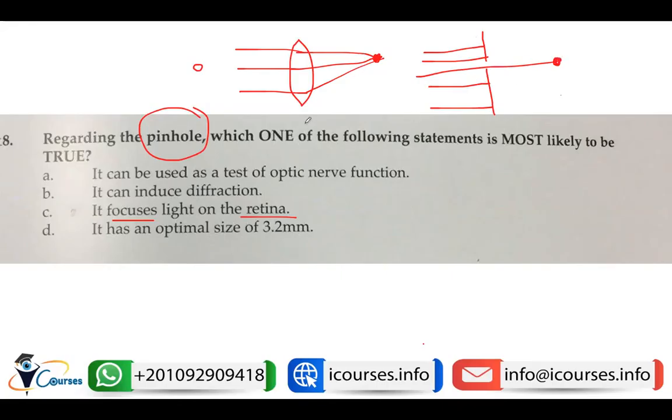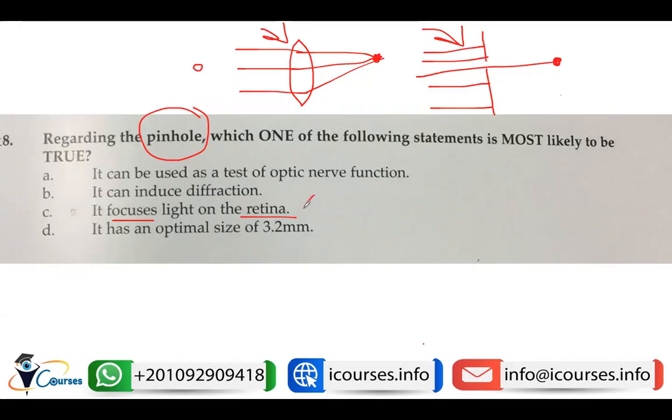Although in both conditions the light is falling on the retina, the pathway of light is different. With a lens there is vergence and focusing, but in a pinhole there is no vergence, as I just mentioned in the previous question. So it does not focus the light on the retina.